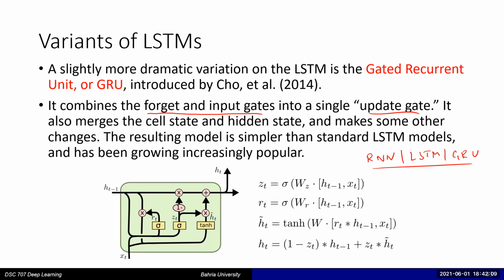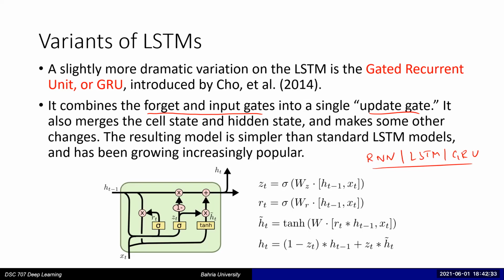Of course, LSTM and GRU, their performance is more or less comparable in many situations, but they easily outperform RNN, right? Because RNN is very, very basic. For simple problems, RNN can work, but for most of the practical problems, you will have to pick LSTM or GRU, and it is hard to say which of these is better. It depends on the problem you are trying to solve, the data you have, and many other parameters, right?